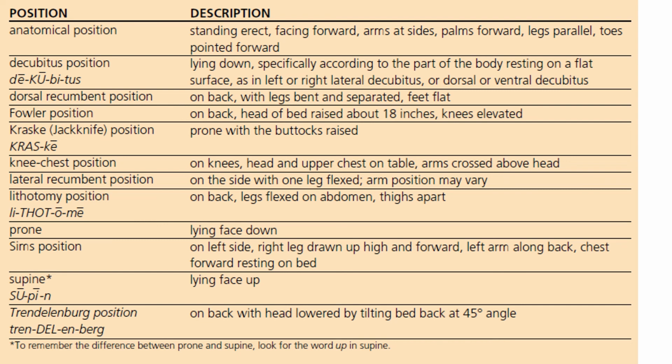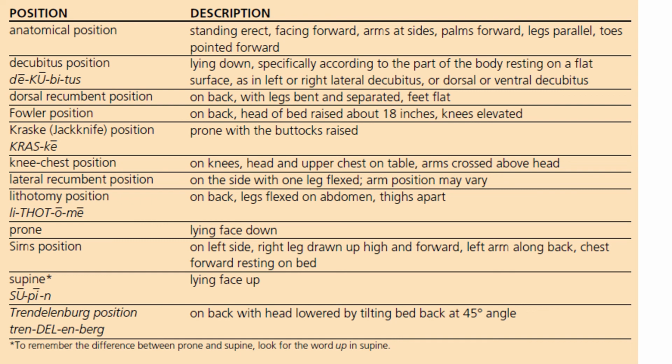Next, we have the dorsal recumbent position. So basically dorsal recumbent, lying on back with legs bent and separated, feet flat. Then we have the Fowler's position, on back again with the head of bed raised about 18 inches, knees elevated. So that is Fowler's.